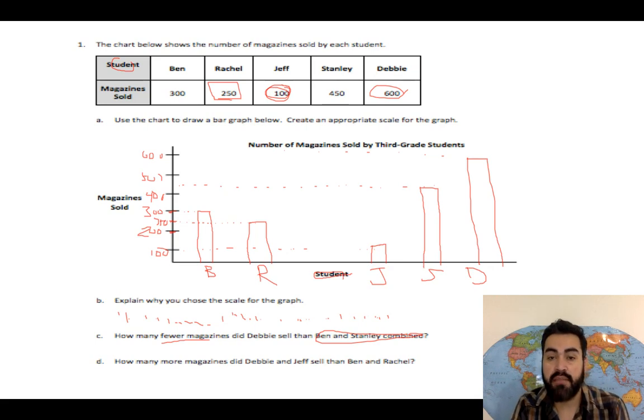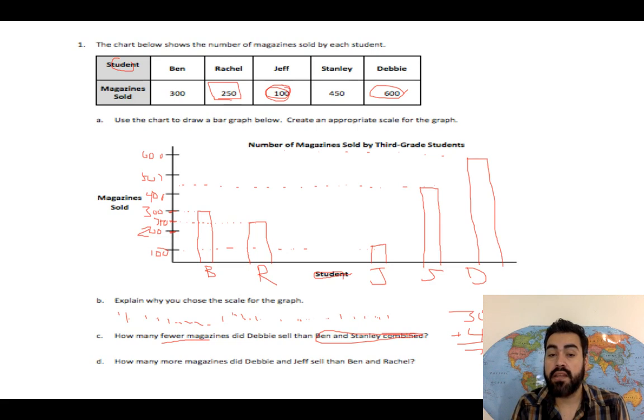So first I add Ben and Stanley. Ben is 300. Stanley is 450. I'm combining: 0, 50, 700, 750. 750 is what they sold combined.